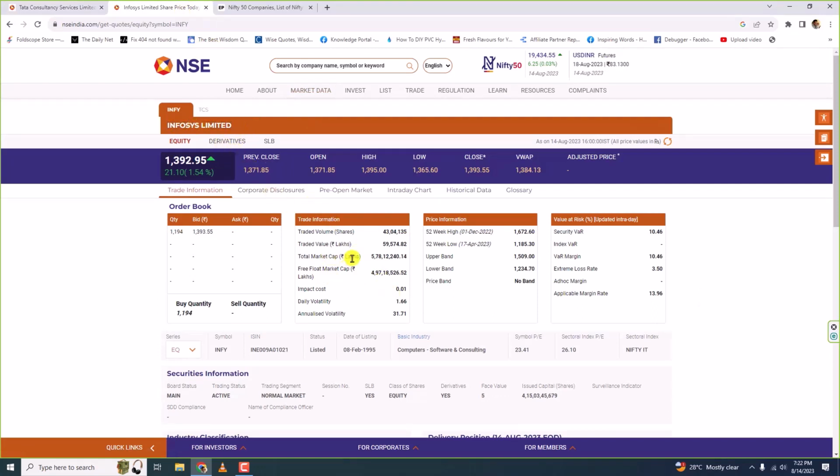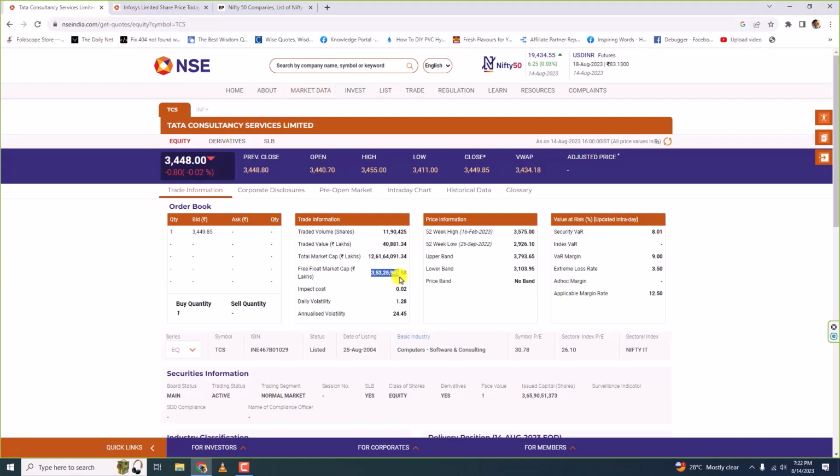If you see here, total market capitalization of Infosys is this much, whereas the free float is this much. So if you compare the free float of Infosys and TCS, you can see that Infosys has more free float market cap than TCS.